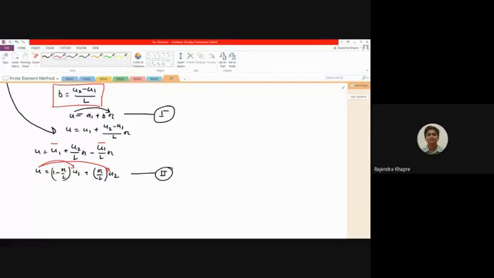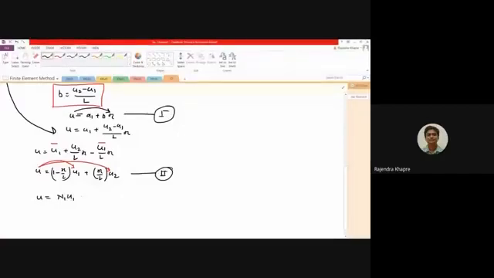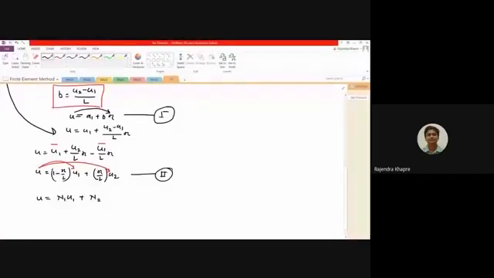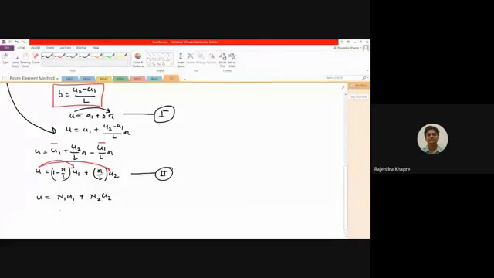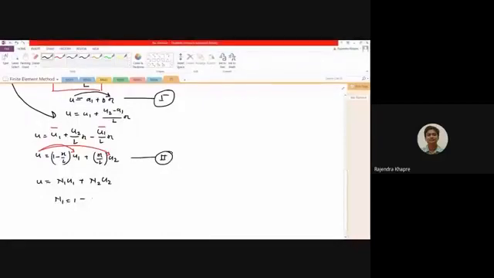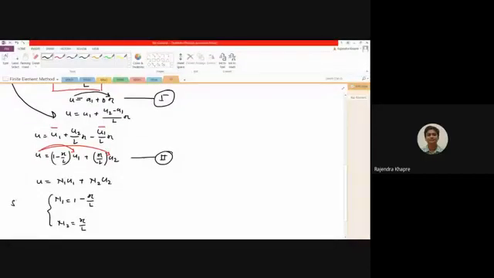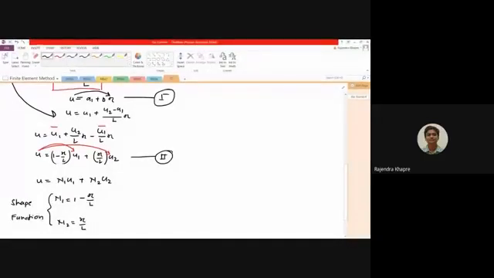Now you can rewrite the same expression as u equals n1 u1 plus n2 u2, where n1 will be something like 1 minus x upon L, and n2 will be x upon L. These two things are called shape functions, and they are the most important part in the finite element method.